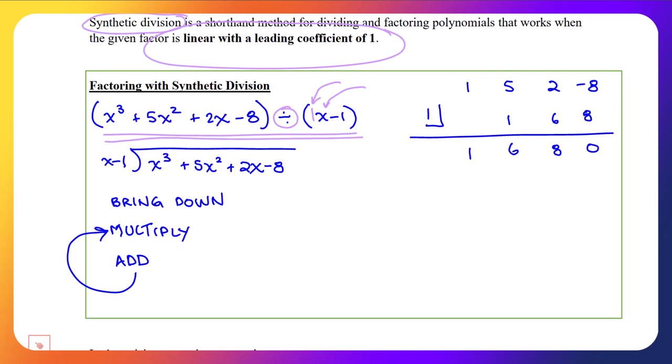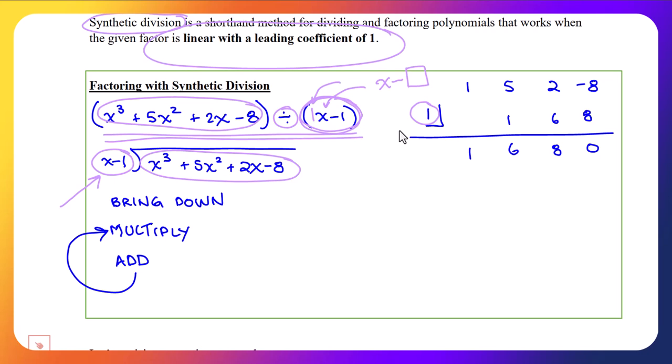If we were to write this in normal division, this is what's getting divided, the dividend, and this is what's doing the dividing, the divisor. Notice that I've written a 1 here, so this divisor is x subtract something.